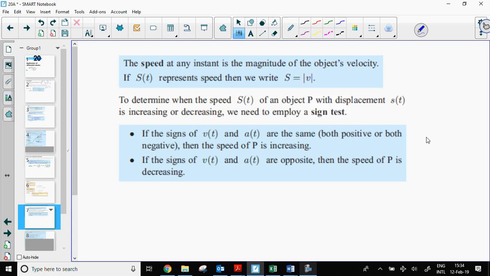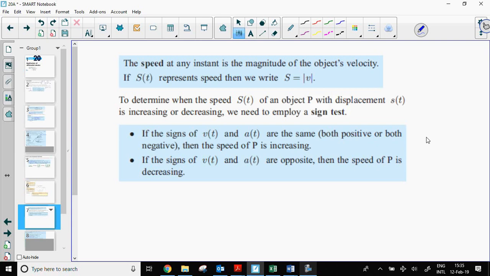It could mean that the velocity is positive and getting more positive, or that the velocity is negative and getting more negative. In both of those cases, the object is moving away from its origin at a faster and faster rate, so its speed is increasing. Anytime that the velocity and the acceleration are opposite, the speed is decreasing.